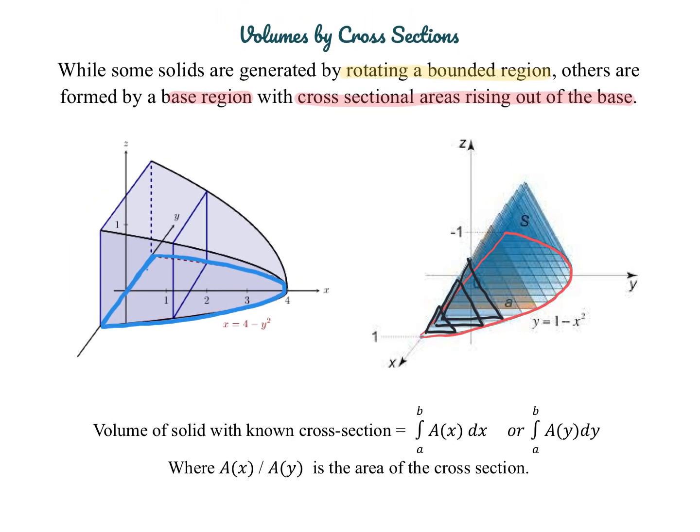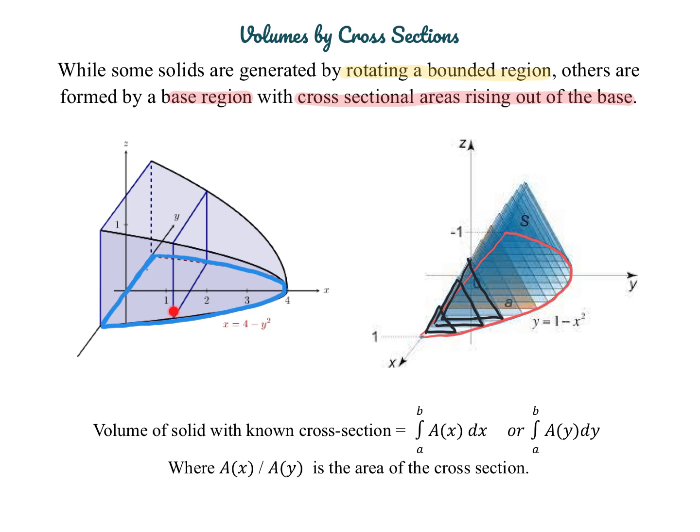So when we are finding the volume of these types of solids, we still need to start by finding our bounded area, and then we need to find a way to describe the area of our cross section in terms of the functions we're working with. And then we will integrate from a to b.